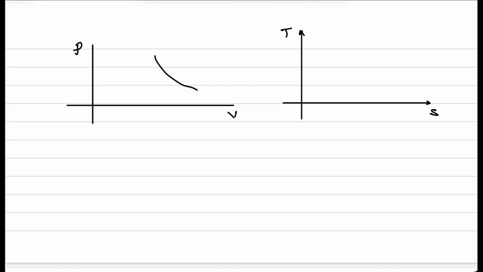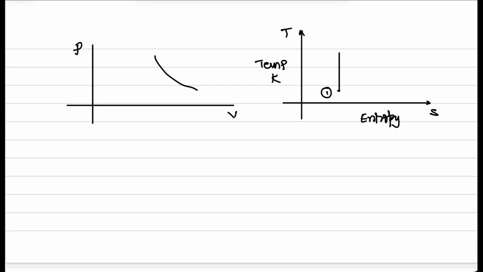And in many thermodynamic processes, the TS diagram is used over the PV diagram. Isentropic means entropy is not changing. That means a vertical line like this, with temperature changing, entropy not changing.